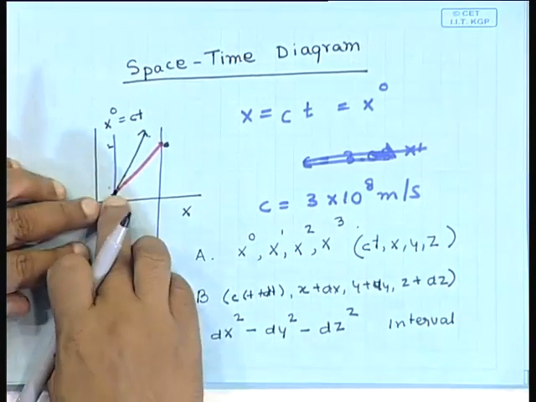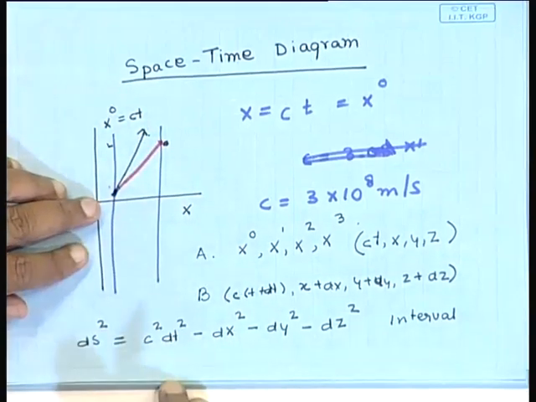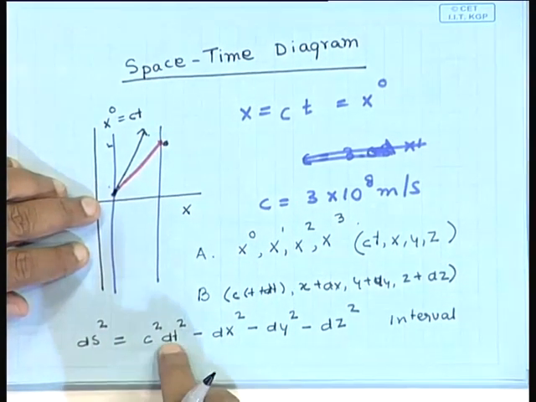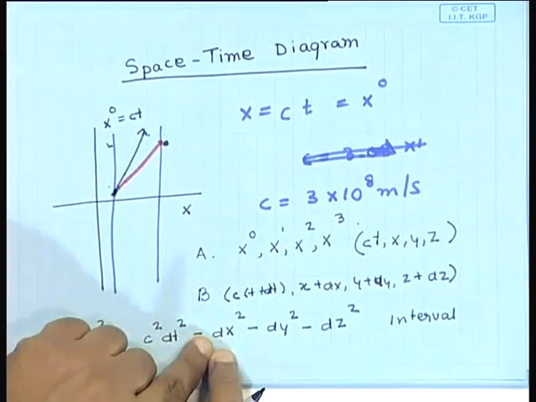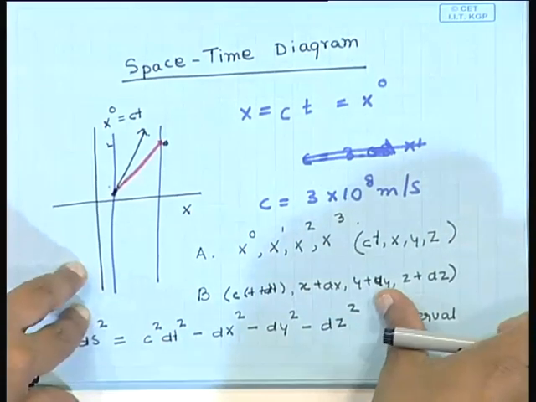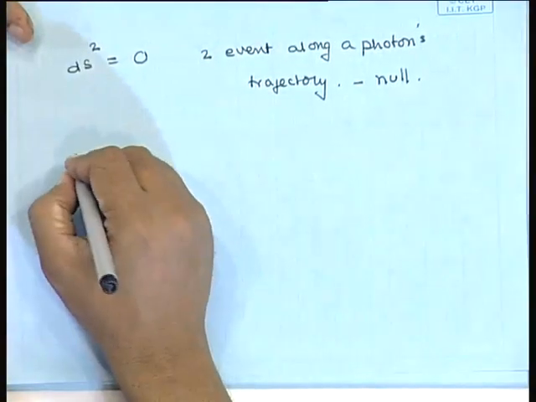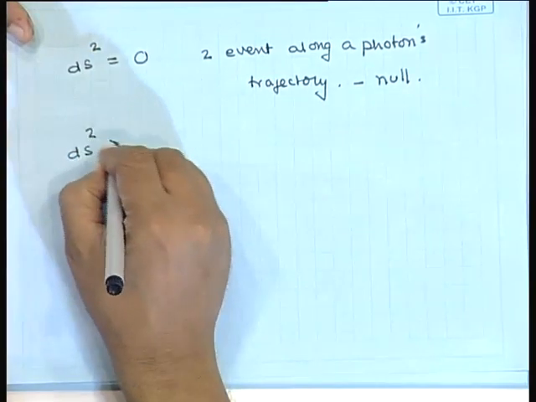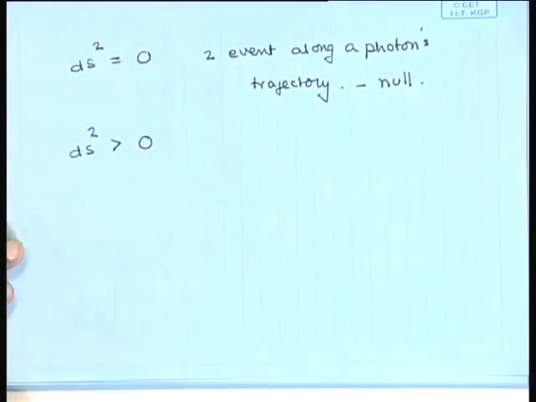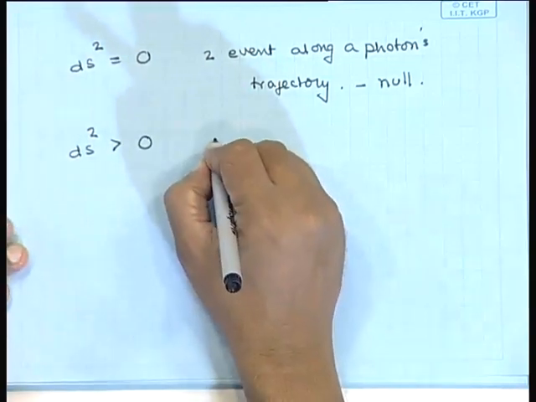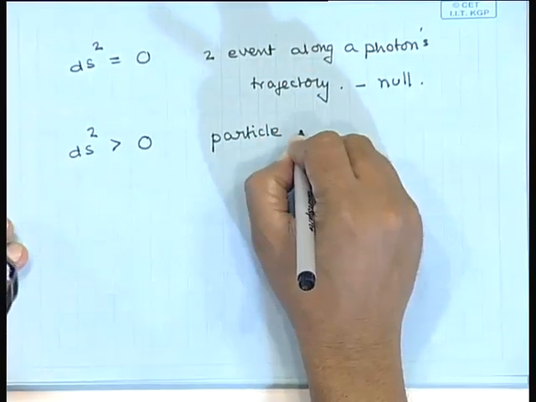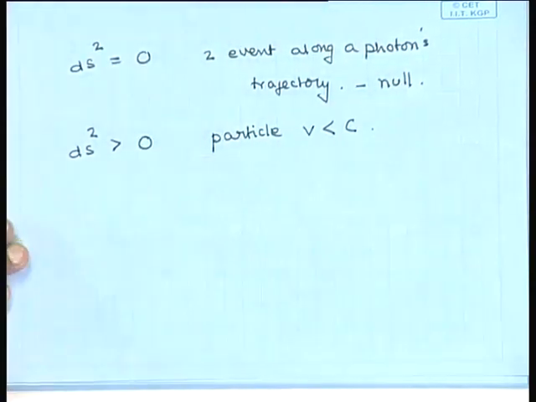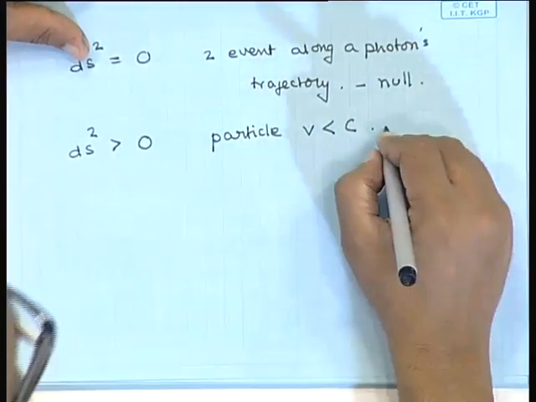A particle which is moving at a speed slower than the speed of light, in a time dt, obviously the distance that it will cover is less than c dt. So for a particle along a trajectory, ds square is greater than 0, along the trajectory of a particle with v less than c. Two such events are said to be time-like.